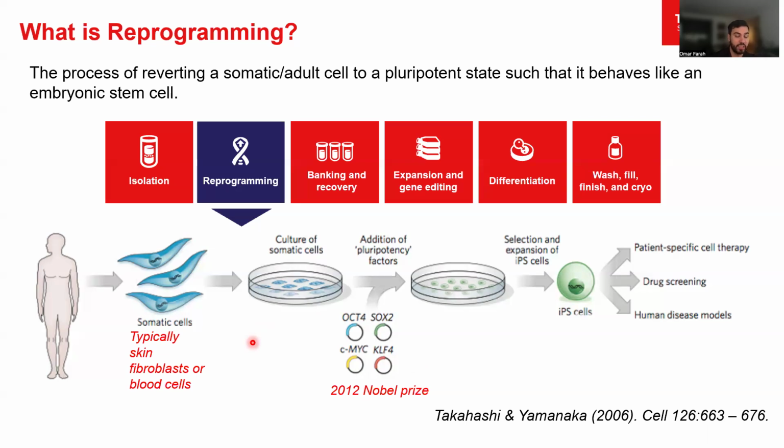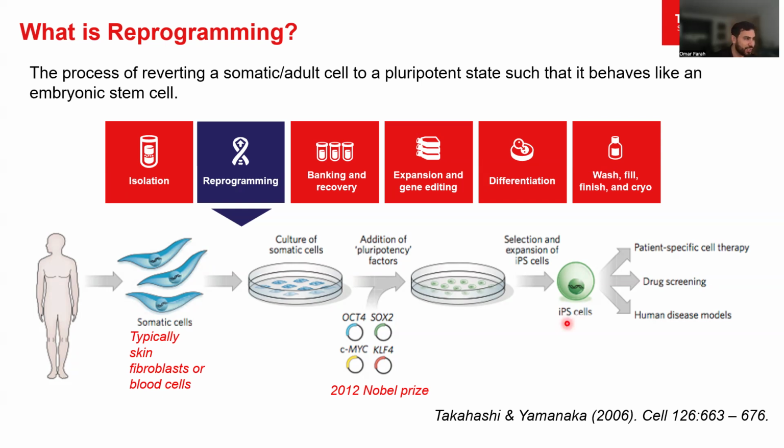And towards the end of the reprogramming, you're left with a cell population that resembles those early embryonic stem cell counterparts. And because of that, we actually refer to these cells as induced pluripotent stem cells, or iPSCs.